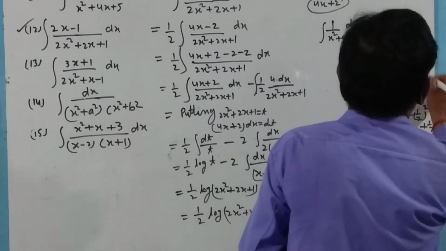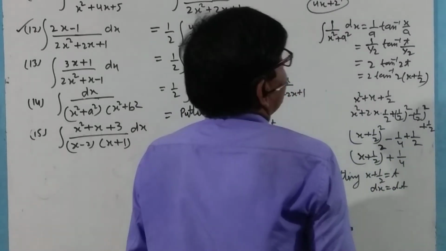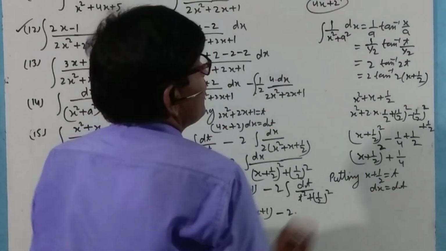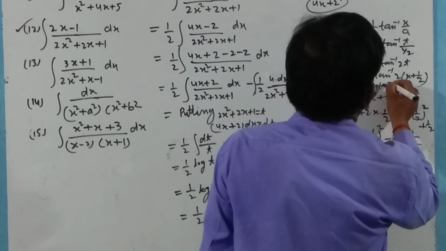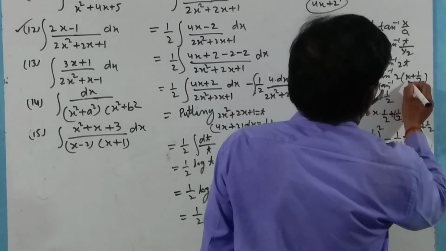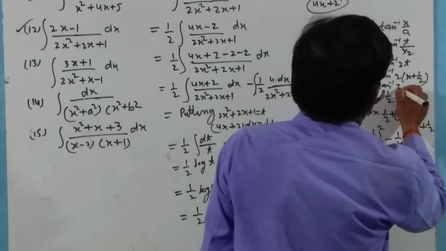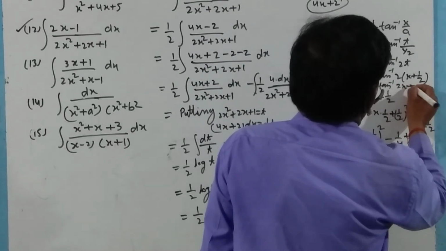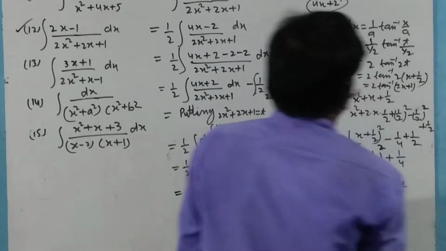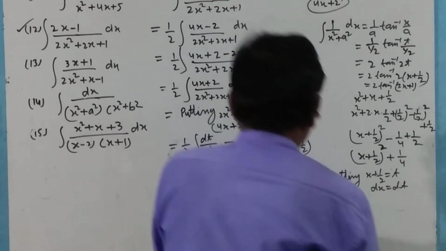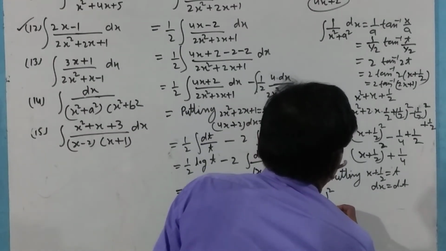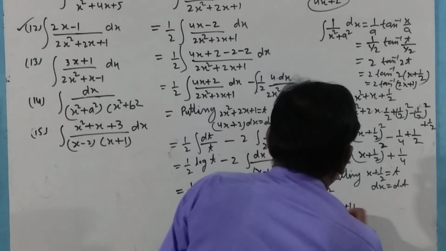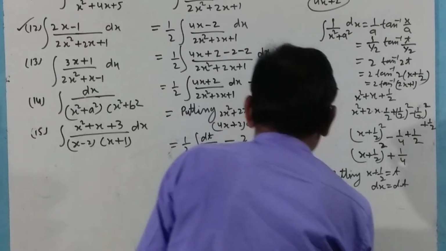x plus half here. Now this is also written as 2 tan inverse (2x plus 1). So this is equal to 2 into 2 tan inverse (2x plus 1), in this case 2 to the 4.